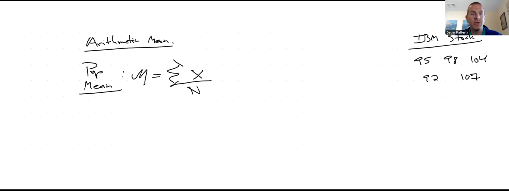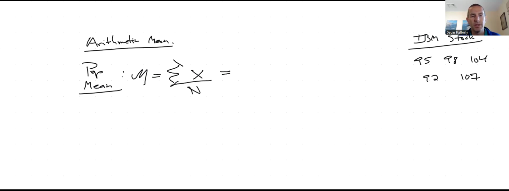How many observations do we have? We have five. Observation one, observation two, observation three, observation four, observation five. So what is this formula saying? Summate all of the x terms and then divide by the number of observations in the population.